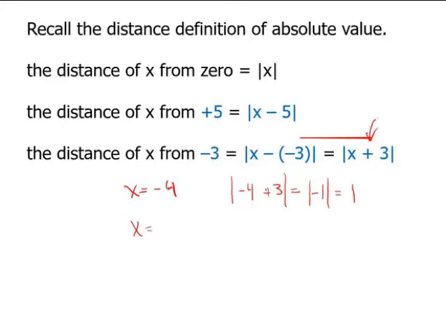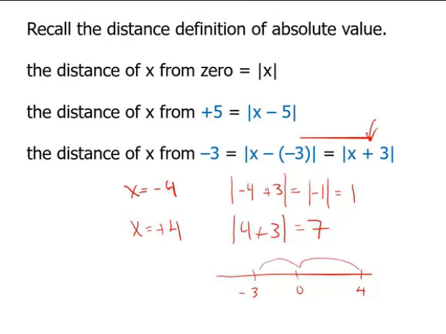But if we plug in positive 4, then we get 4 plus 3, absolute value of 7 is 7. That makes sense because negative 3 is down here and positive 4 is up here. If we started at 4, we'd have to go a distance of 4 to 0 and then another 3 to get to negative 3. So that would be a distance of 7. So even though this is counterintuitive, the formula actually works when you plug in numbers.